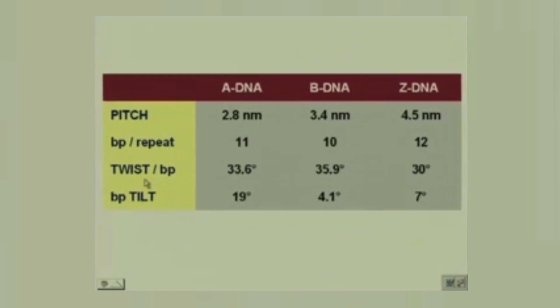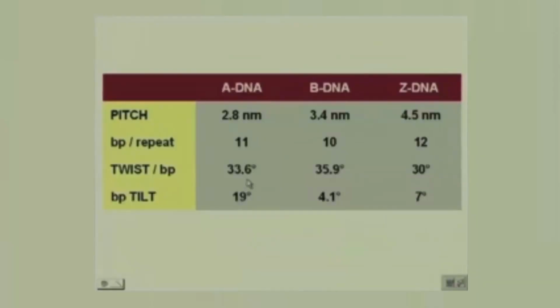The twist per base pair, you realize that there is a slight twist as you have the base pair, like you would also have angle disposition for the alpha helix. These are the twists per base pair, and we have a slight base pair tilt, which is not very much in the bDNA, just 4 degrees.